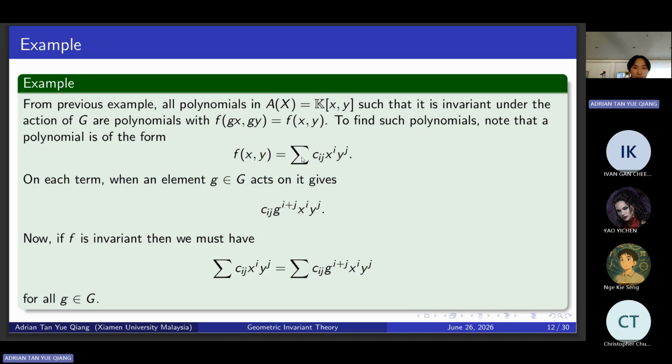So if we act by g on it, you have this form, with g to the power i plus j. Note that g is not a group element, it is actually an element of the ground field. And so if this is invariant, then the coefficients are equal.